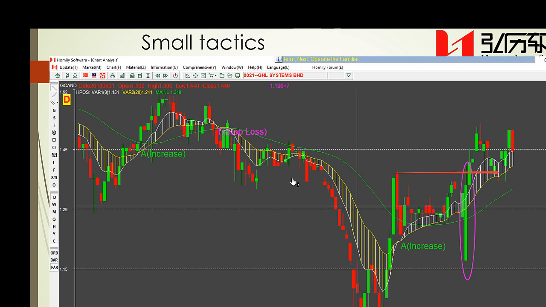So even though we have bought here, we will sell it. But after we sell it, the price keeps moving up. Sometimes we don't know what the banker is thinking. So sometimes if we have made money, maybe we can go first. We can run out first.